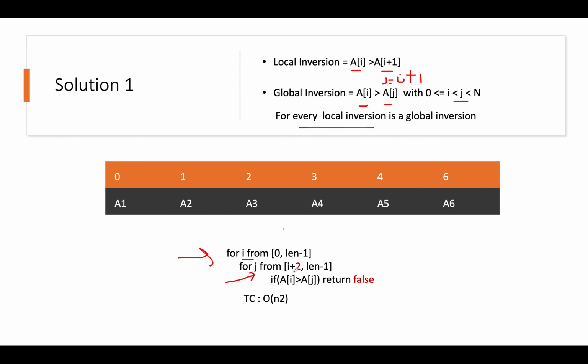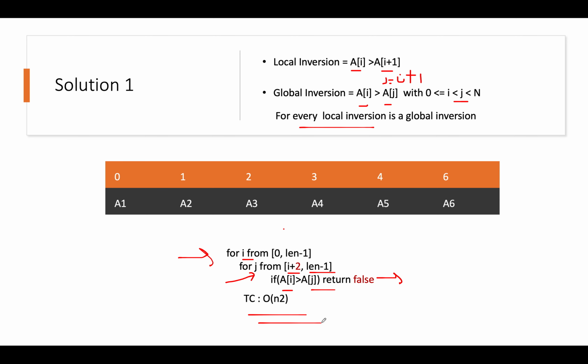Whether it's an inversion or not, we don't care, because if it happens to be a global inversion or a local inversion, it will be counted in both. So let's start from i plus 2 up till len minus 1. If array of i is greater than array of j, that means we found a place where an extra global inversion is happening. Therefore, since it's an extra global inversion, we'll return false. Again, the time complexity is order of n square.